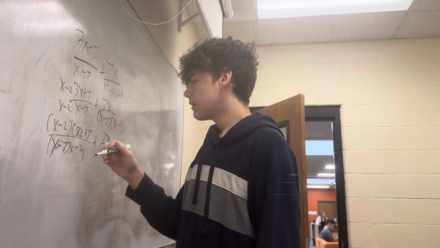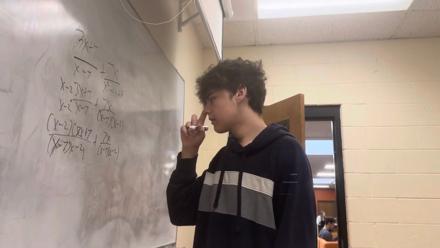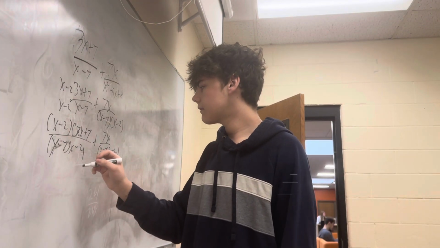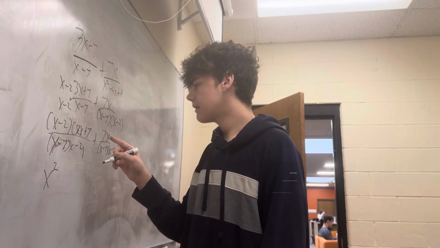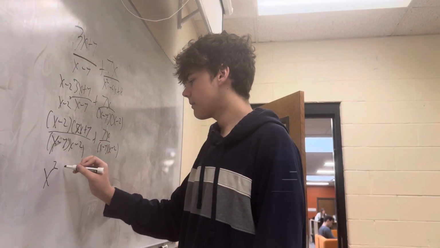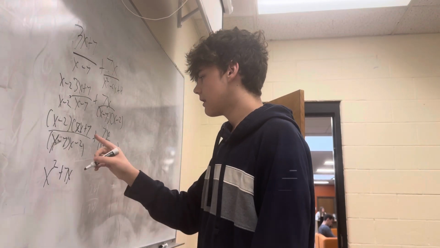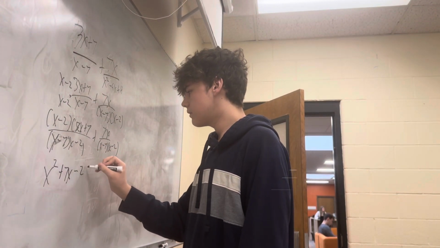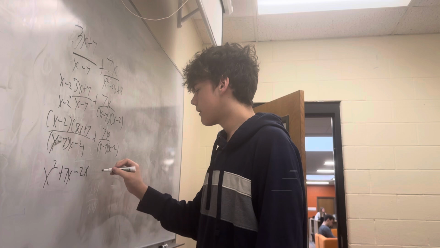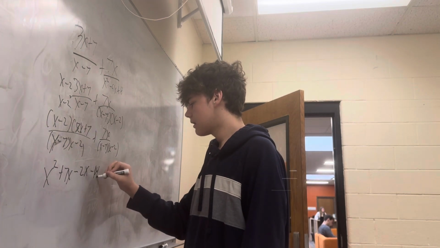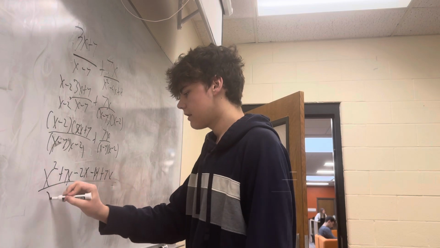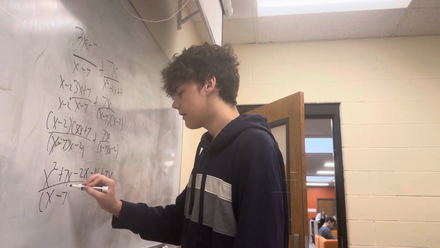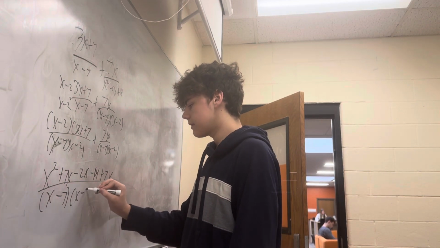So then you do 3x squared, and then you do plus 7x, and then negative 6x, negative 14, plus 7x, over what we already had, x minus 7, x minus 2.